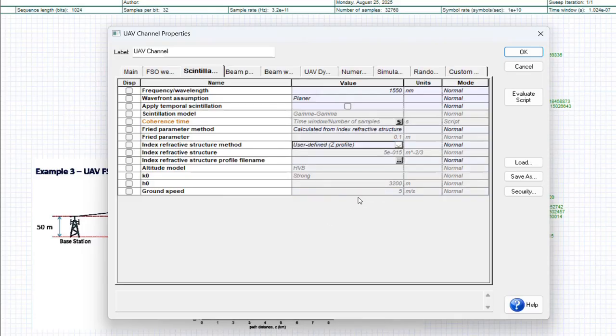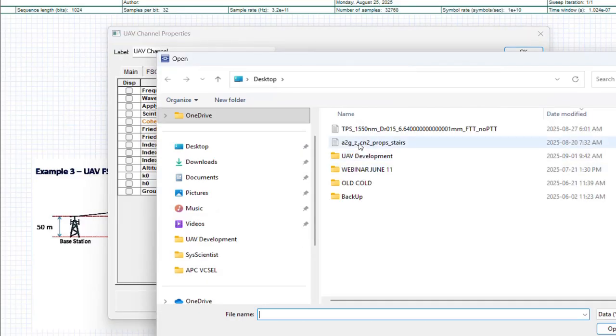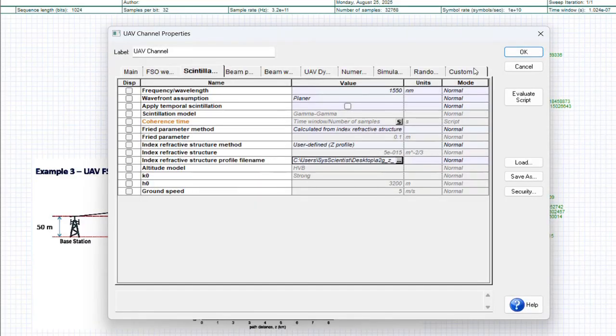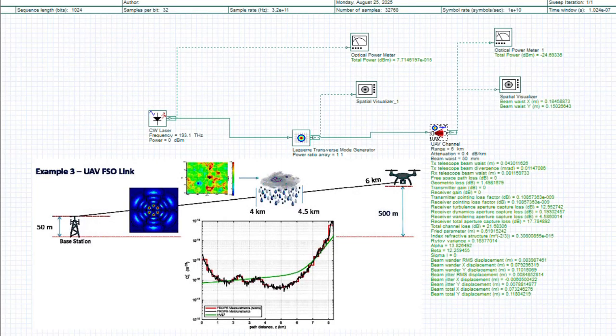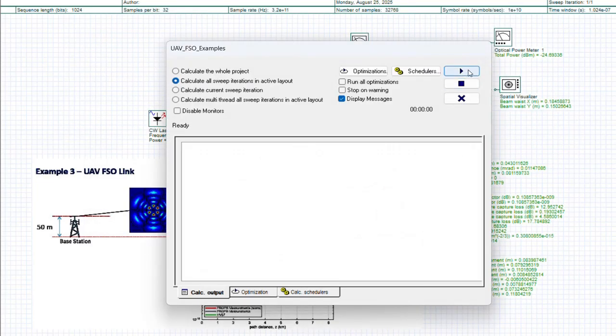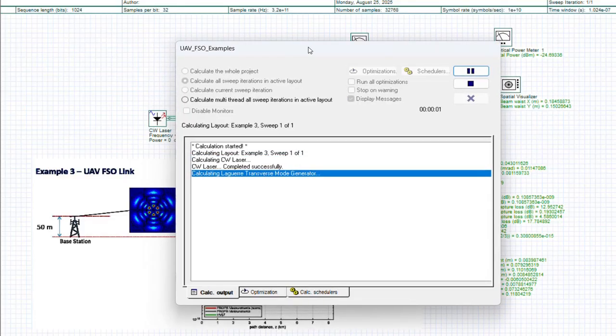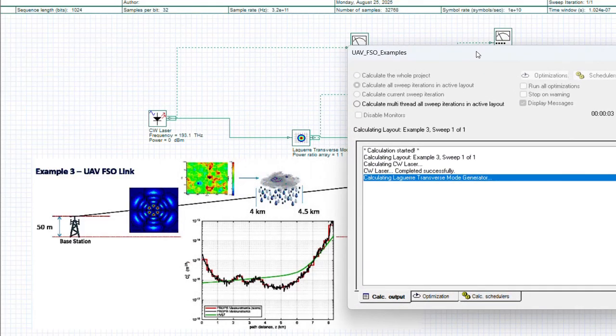Now we're going to define our own Cn square versus the propagation distance, and this is the staircase measurements in this particular example. We could rerun the simulation again, and we're able to port those experimental values inside the component.